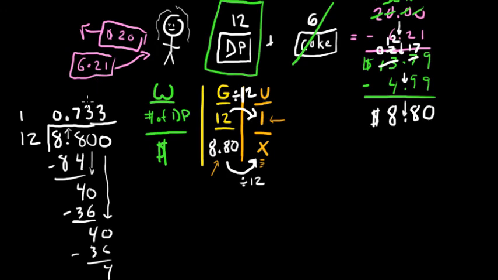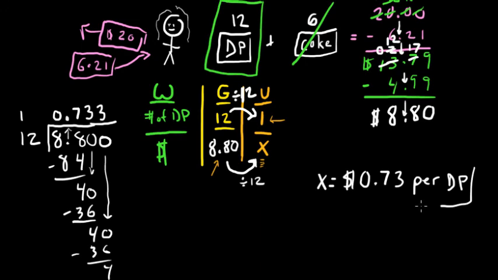So we're just going to say, okay, x equals $0.73 per Dr. Pepper. And that's our answer. Each Dr. Pepper costs 73 cents.